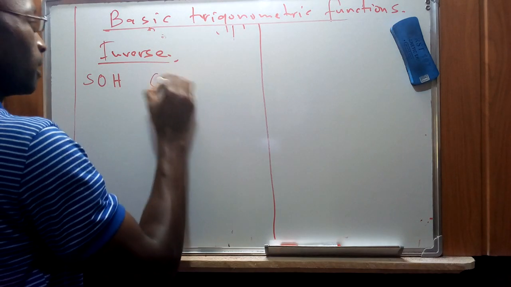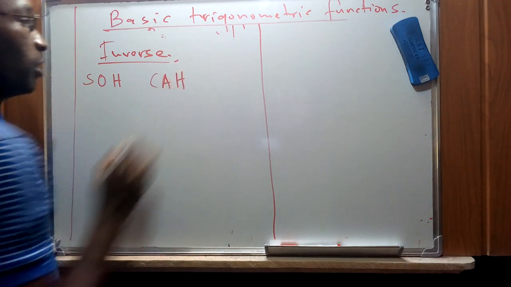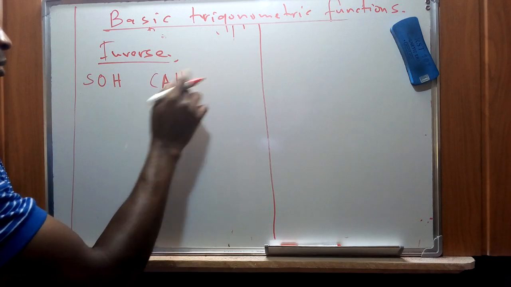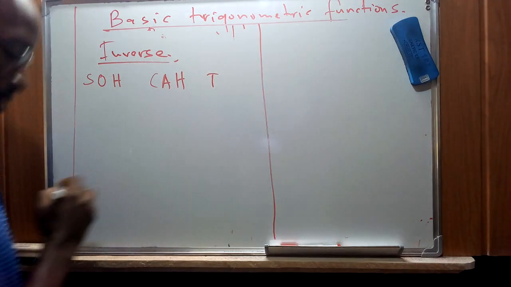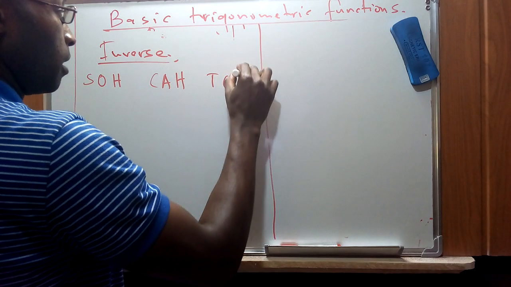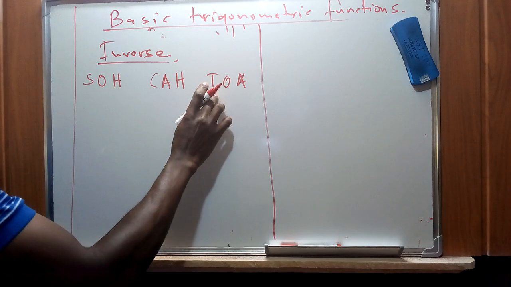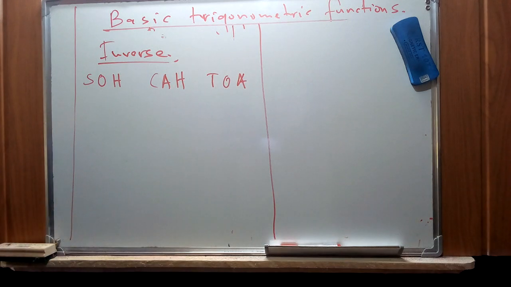Or the cosine of theta can be given as adjacent over the hypotenuse, where C represents the cosine, adjacent, hypotenuse, and the tan of theta can be given as opposite over adjacent, where T represents the tan, opposite and adjacent. So this acronym is SOHCAHTOA.